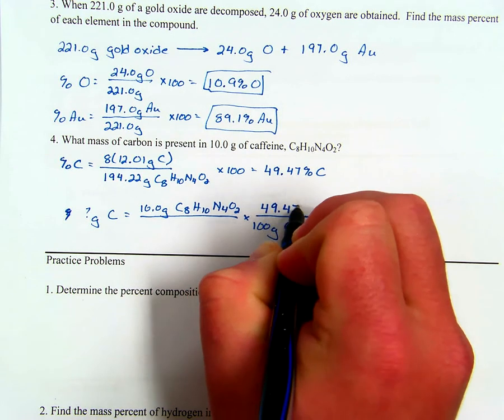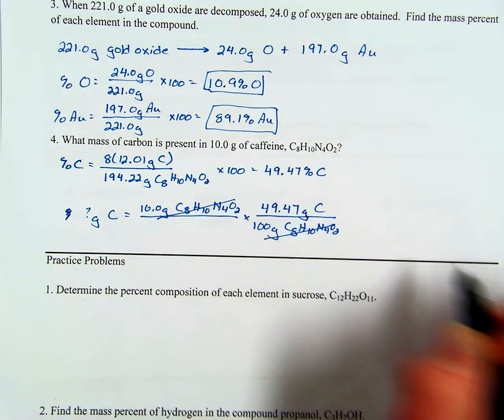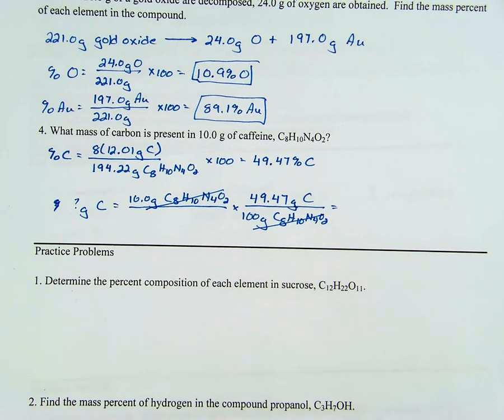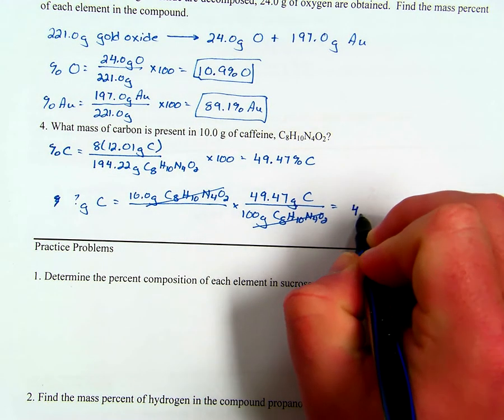Okay, that's the whole idea of calculating a percent and what it means. It is a conversion factor, as we've already seen. So I can just do the calculation. 10 times 49.47 divided by 100. And I get, let's see, that'd be 3 sig figs, 4.95 grams of carbon.